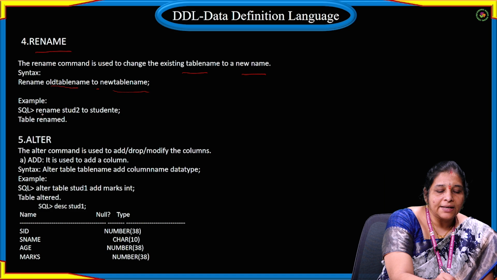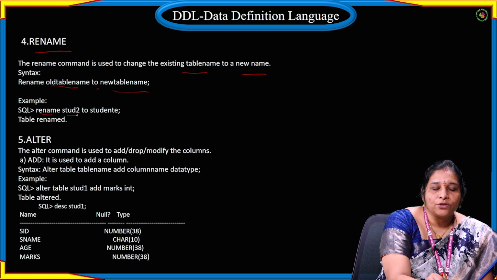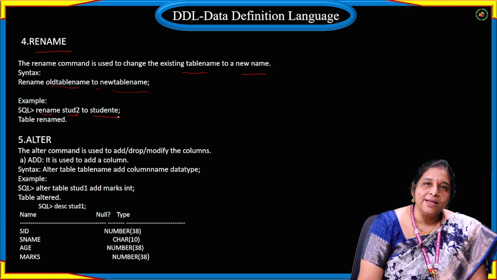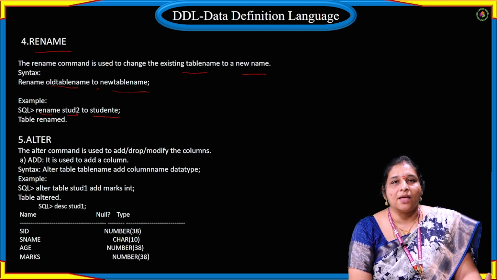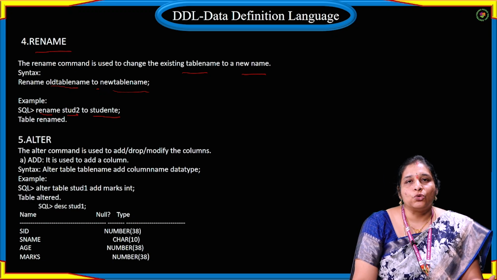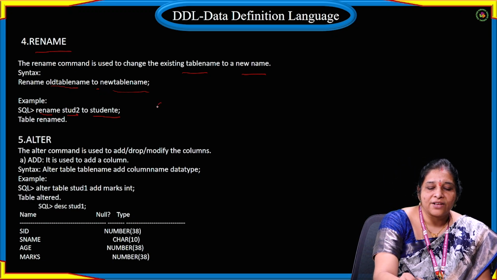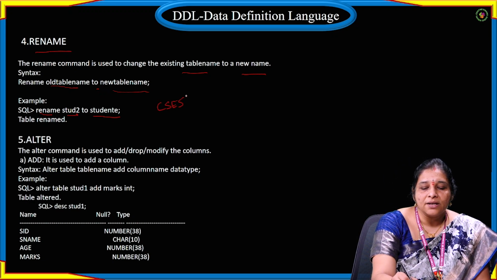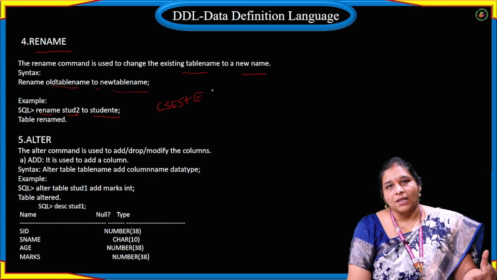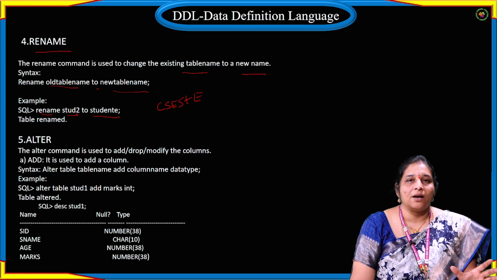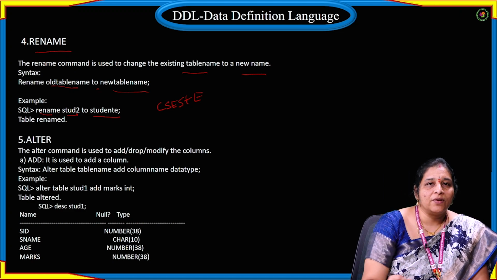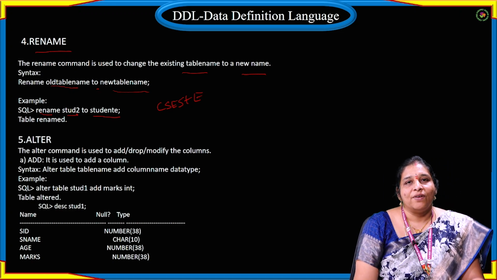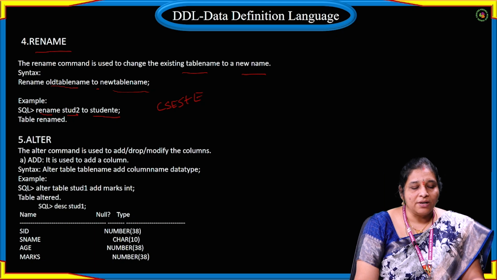So I rename student2, this is the old table name, to is the keyword, to studentE. Since I am dealing with student E, I give a more appropriate name rather than some random name. Or I can also give a branch-wise name like CSC studentE. Whatever I feel is appropriate as per the description, the content will be more suitable, so give that particular name here. Once we execute this command, we get table renamed.